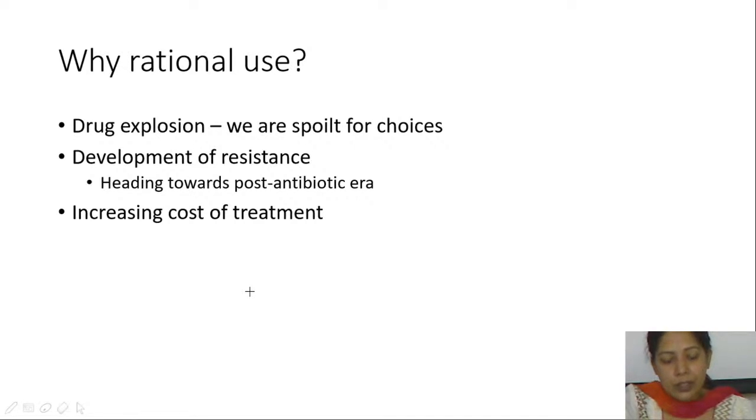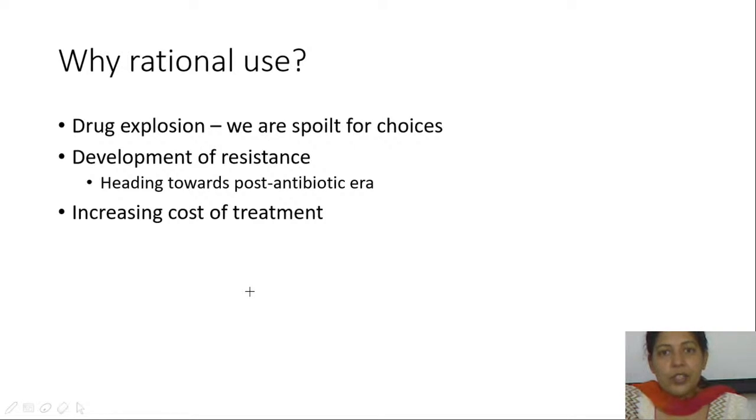Then development of resistance. There used to be a time when there were no antimicrobials before penicillin. Infections most of the times used to be fatal or at least high morbidity. So that was considered a pre-antibiotic era. Now we are heading towards a post-antibiotic era wherein the resistance is becoming so rampant that despite having so many antibiotics, there is none effective.